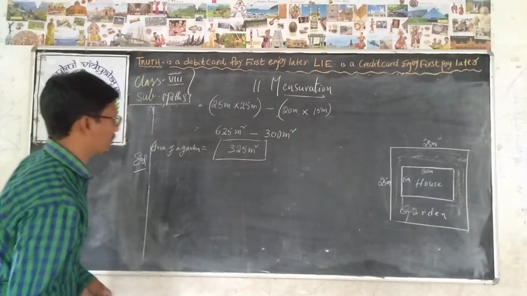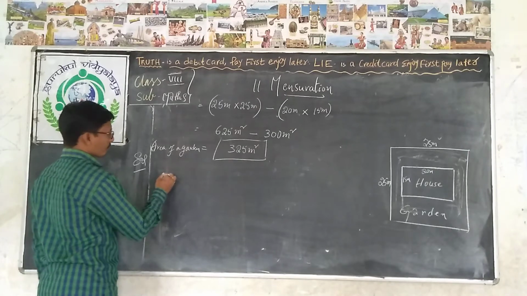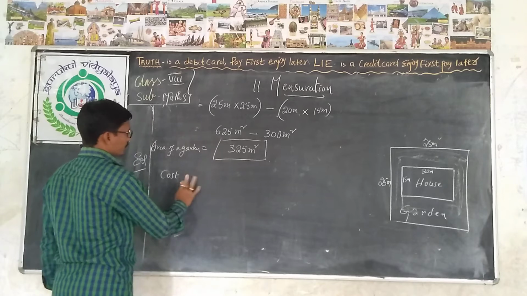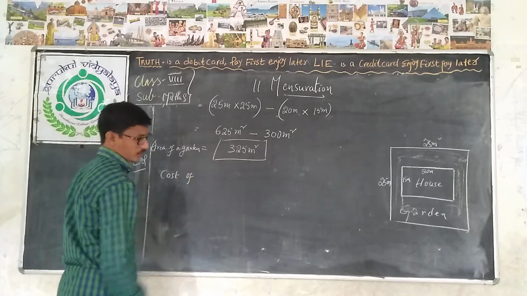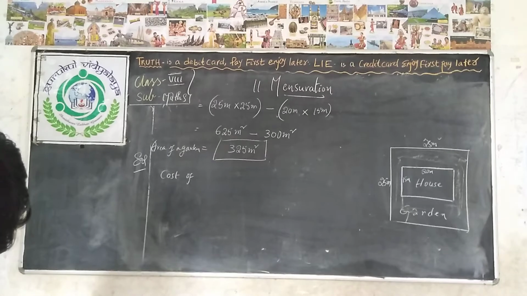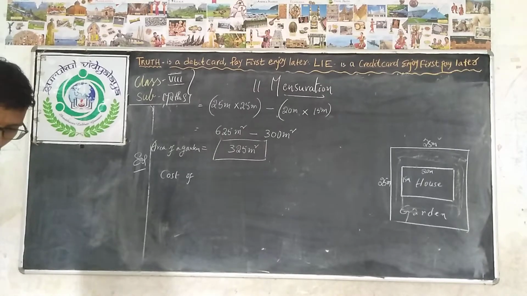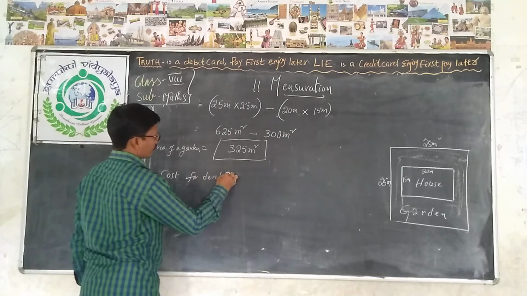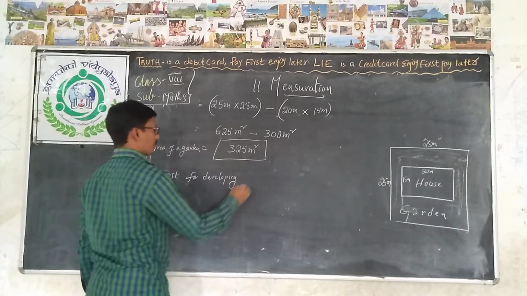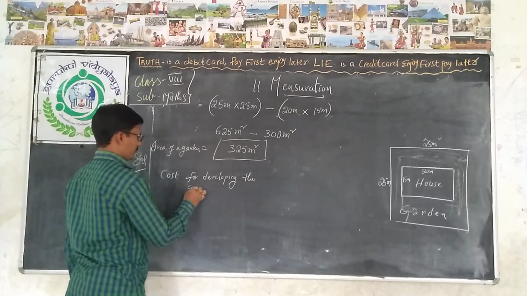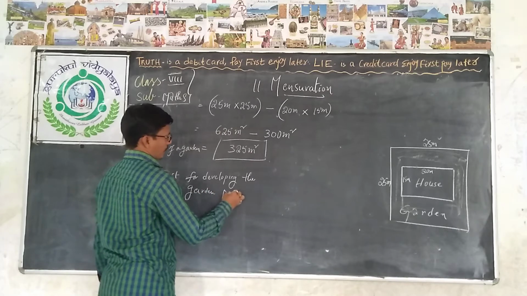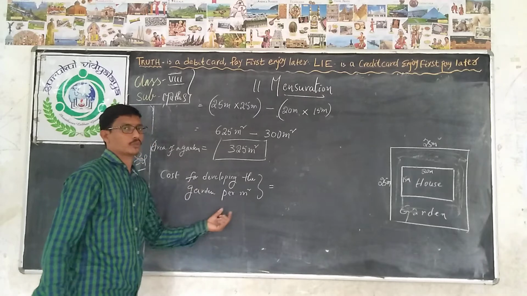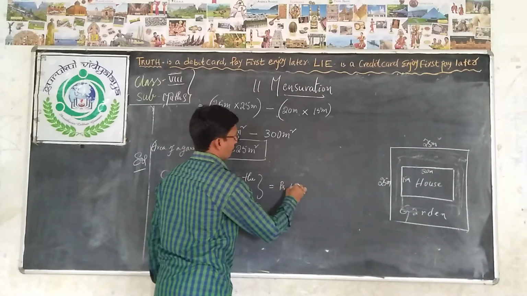So the cost of developing the garden per square meter is already given as 55 rupees.